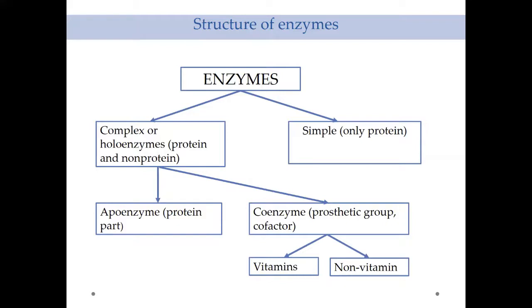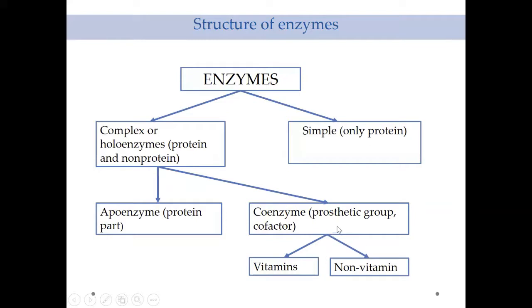If the non-protein part binds strongly and forms a strong covalent bond, this part is called a prosthetic group. But cofactors: some enzymes are associated with non-protein small units. It may be ions, it may be metals, such as zinc, iron, copper, or another molecule. These small compounds are called cofactors.